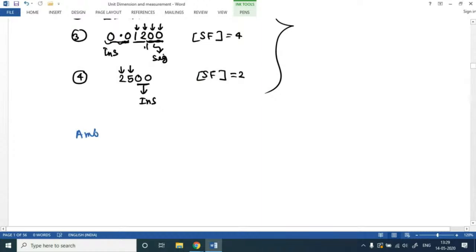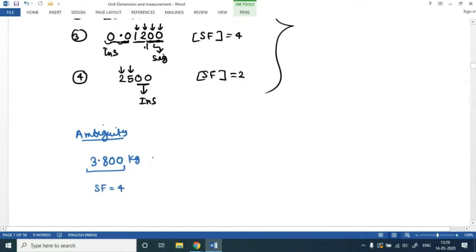Let's see one ambiguity I am talking about. Let's say I have measured some mass, and it is say 3.800 kg. Obviously the measurement is quite precise over here, and we have the number of significant figures as 4.